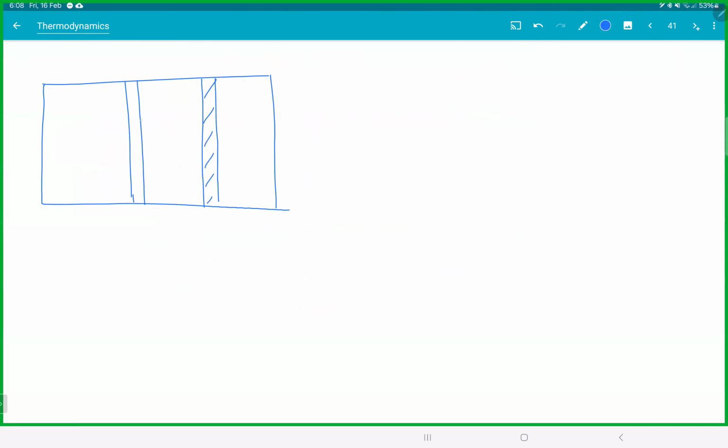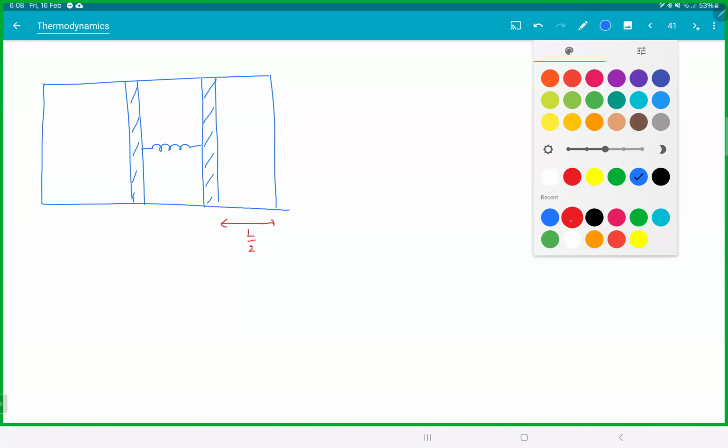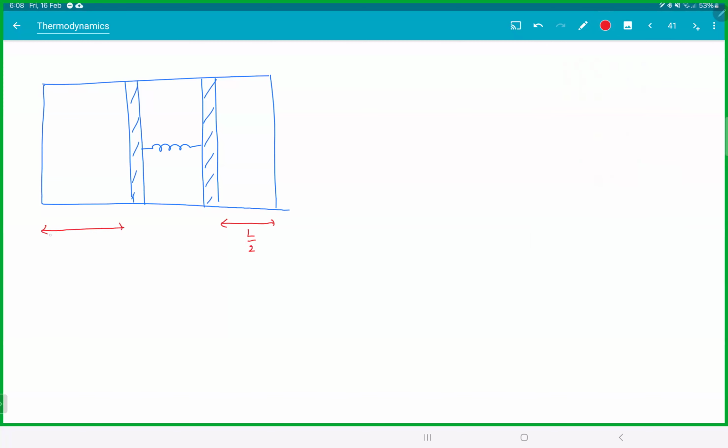But one thing is sure. You said this volume became half, so this guy is L by 2. Let this become L plus x. And then automatically the total length should be conserved. How much is this guy? 3L by 2 minus x.